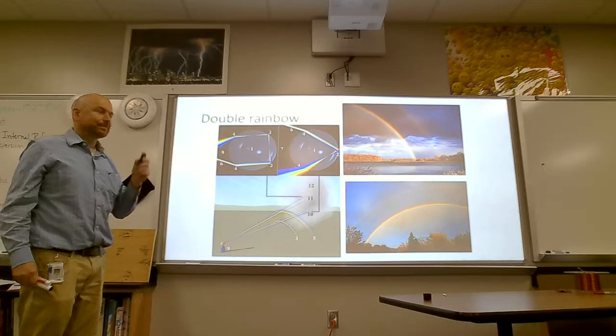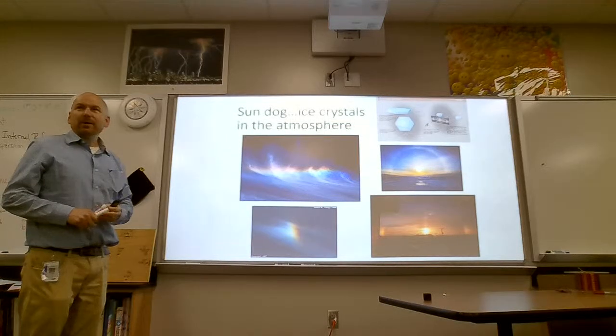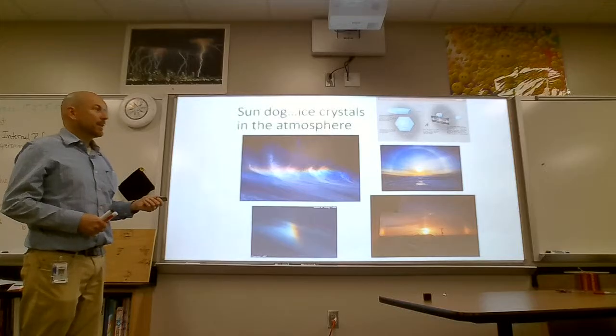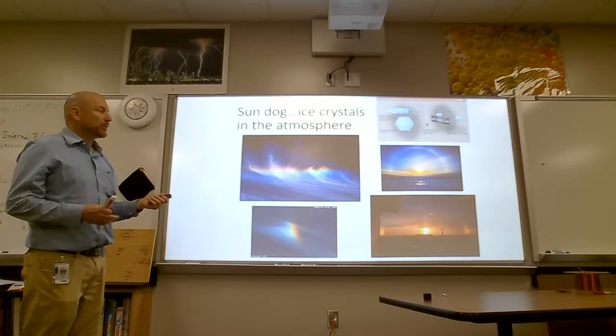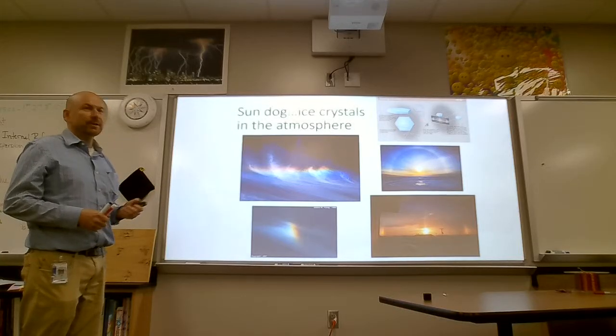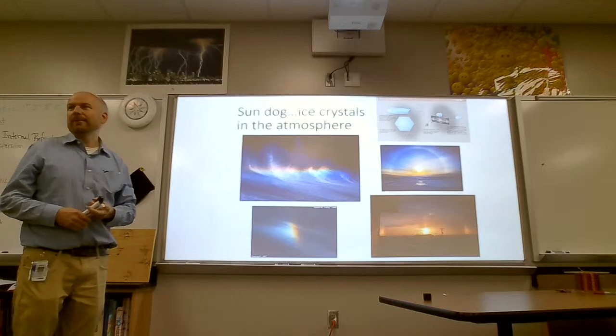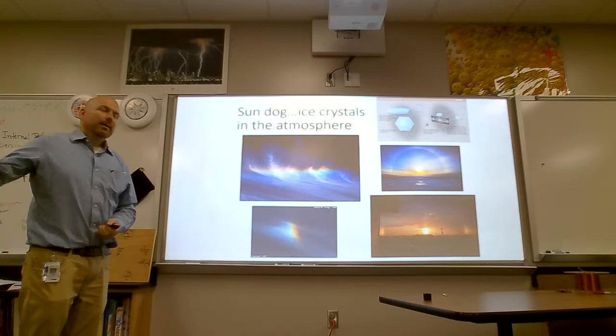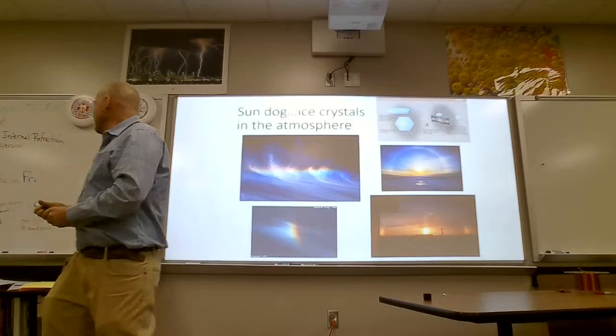Cool. Sometimes in winter and fall you see rainbows near the sun. These are sundogs. They are due to refraction or dispersion, but it's different geometry because they're ice crystals rather than water. Cool.